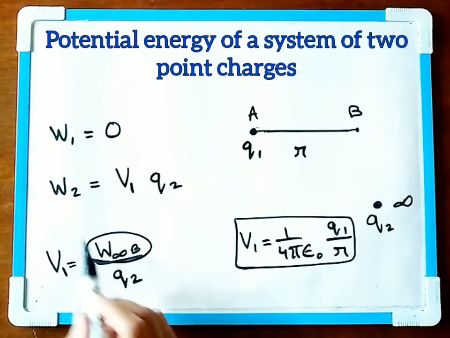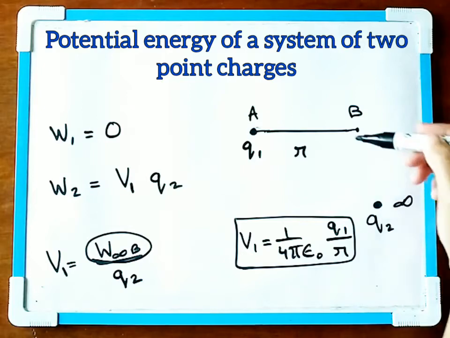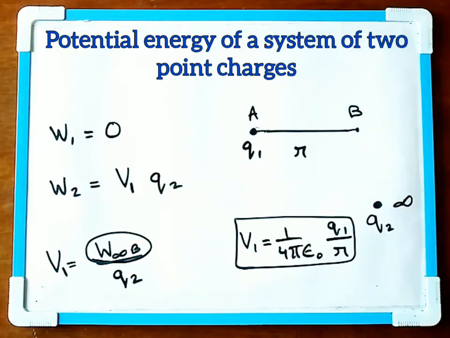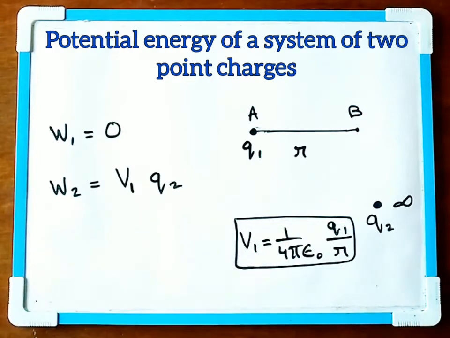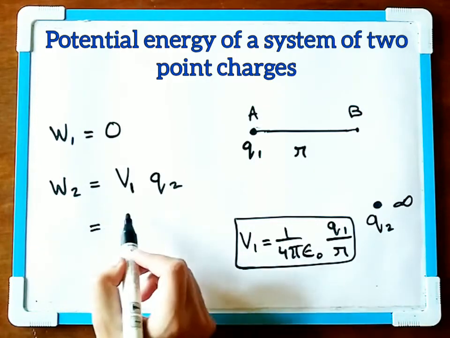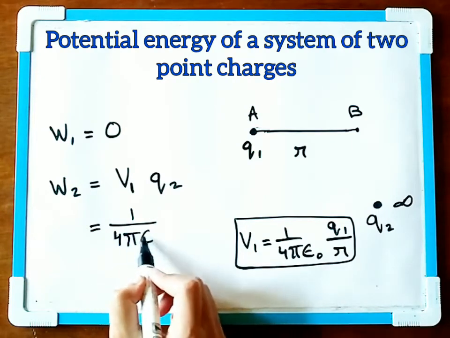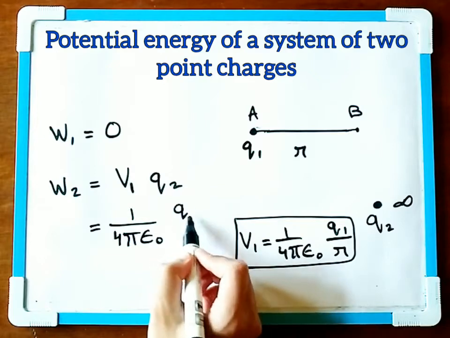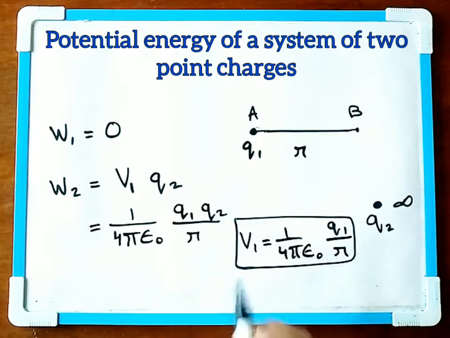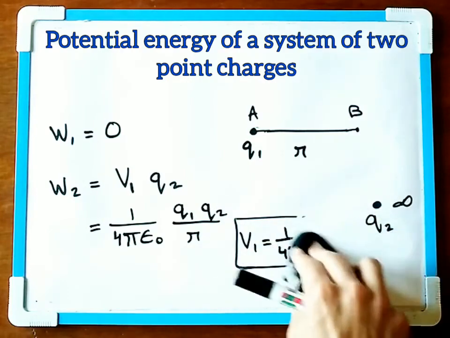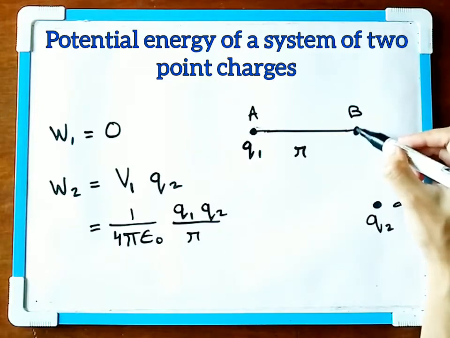So your W2 is equal to V1 Q2. Hence, if you put the value of V1, W2 will be equal to 1 by 4 pi epsilon naught, then Q1 by R, then Q2. So this is the work done in bringing the charge Q2 from infinity to point B.